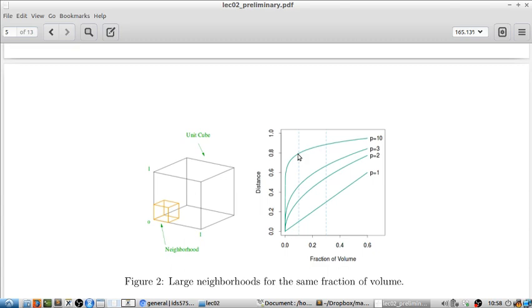So 0 to 1 is the value that that coordinate of the input variable can take. So you need to have a range which is, let's say, 0 to 0.8. So it's not very intuitive, right? You're covering so much on each dimension, but the volume you're capturing is just, in this example, 10%.